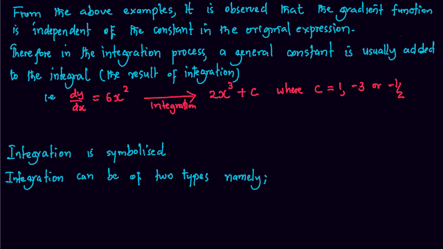So c is a general constant, so that when we have y is equal to 2x cubed plus c, then dy over dx will be equal to 6x squared plus 0.